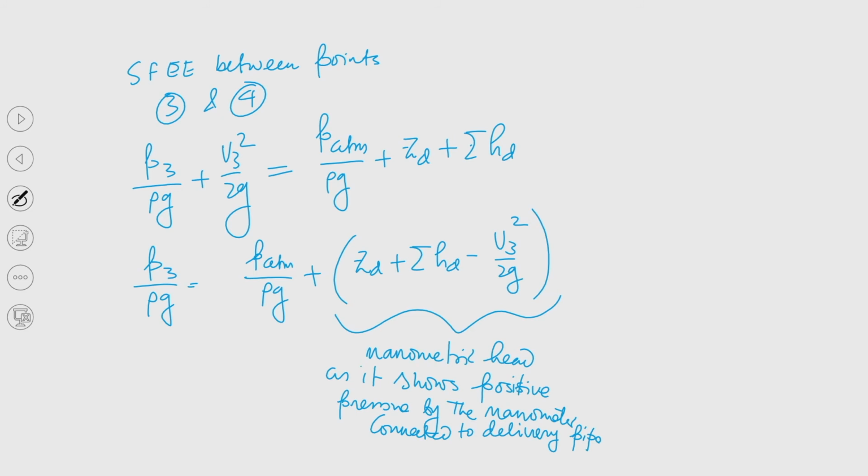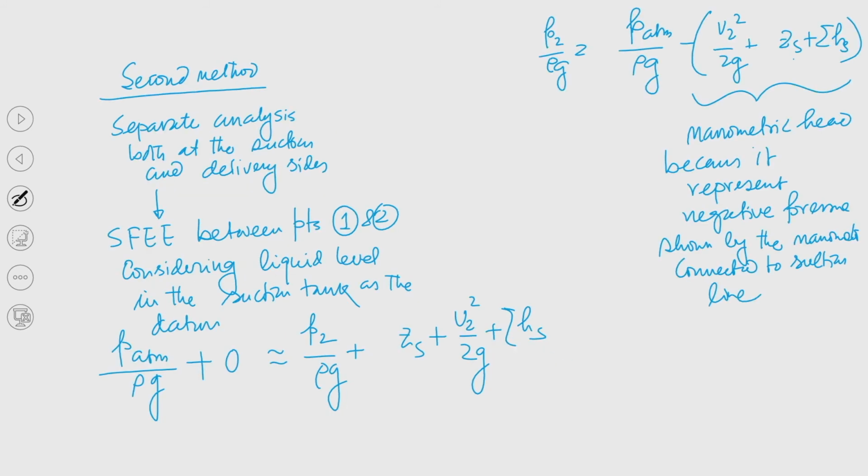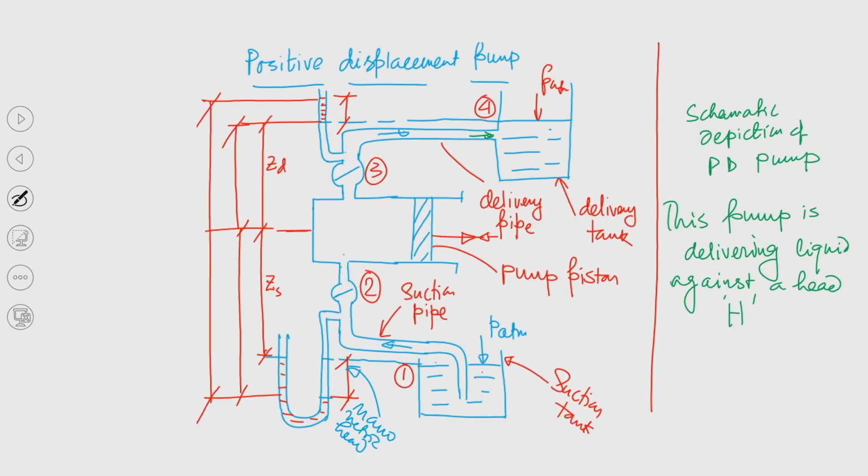Okay. So, this is say HMD. If we go to this schematic, this is the manometer that is connected to the delivery pipeline, and the manometer reading is the manometric head, positive manometric head.